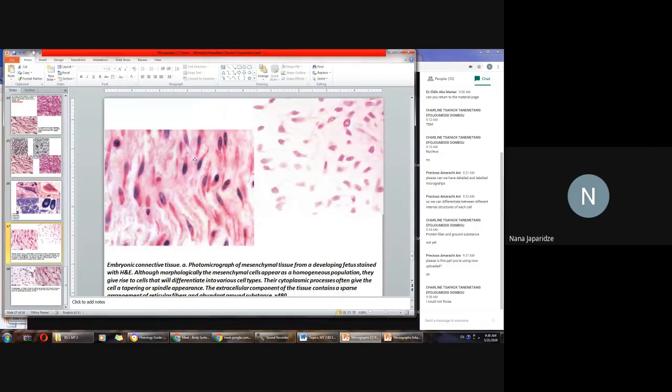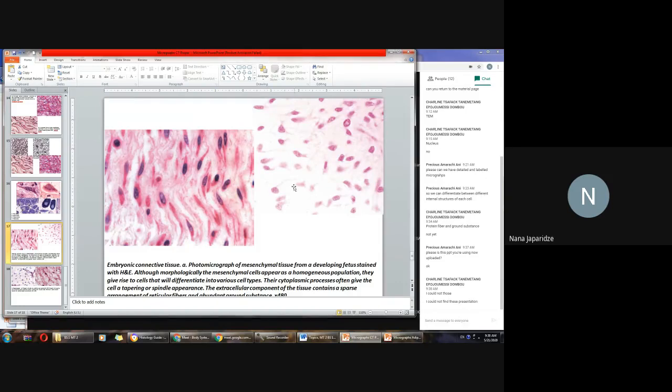And here is embryonic connective tissue. I could not find this presentation. Even now, please check now, Charlene. Maybe you will see it.